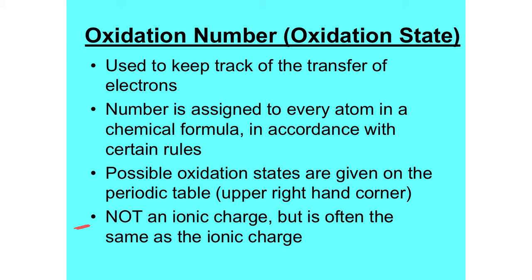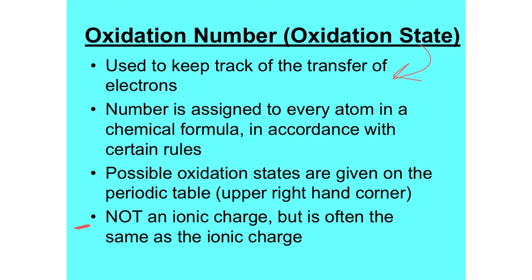For example, sodium, Na, it will lose an electron to form a +1 ion. That's also the only oxidation number it can have. So they're often the same thing, but the definition of them is not the same. Ionic charge results from either the gain or loss of electrons. An oxidation number is really just an arbitrary number that's assigned to things within a compound just to keep track of the electrons.